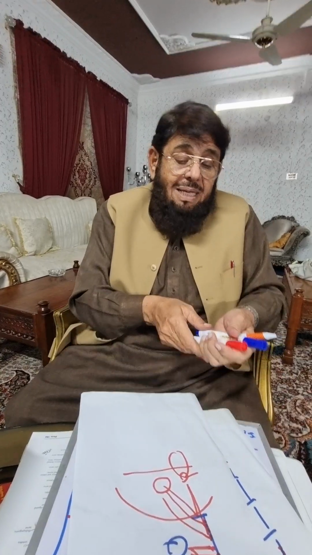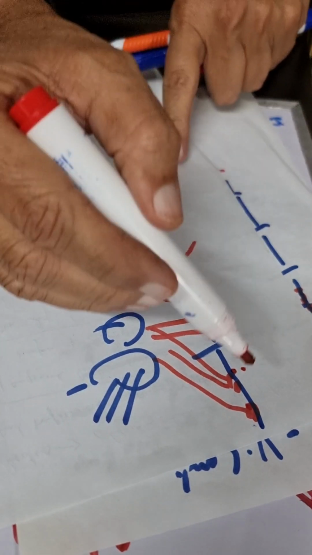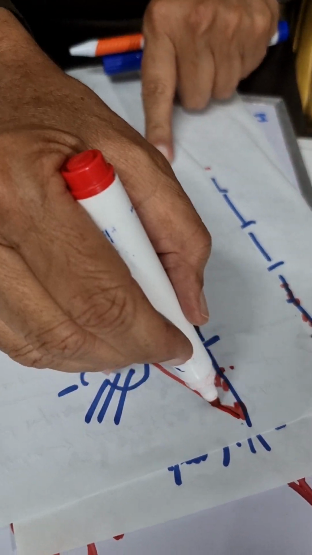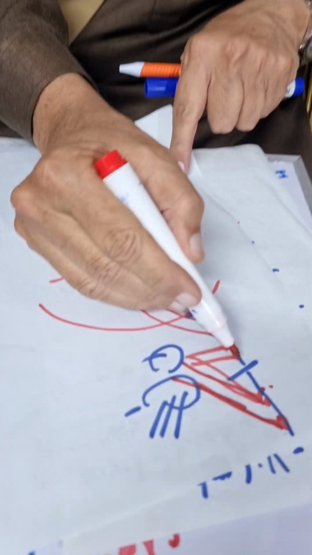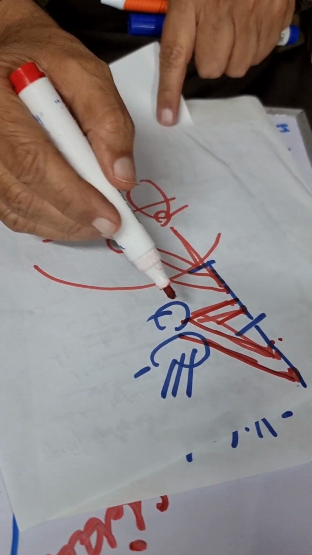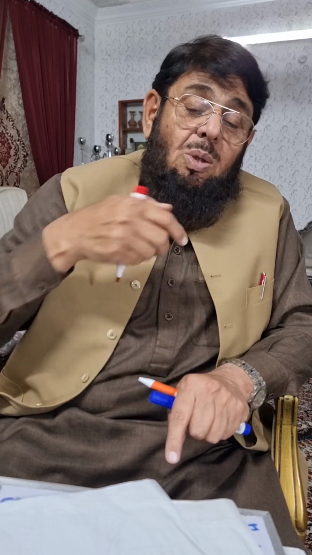Then the third type of branches: look again, this is the cervical segment of the spinal cord. From the cervical sympathetic ganglia, branches descend downward to enter the thorax, and also branches come from the upper two thoracic ganglia of the sympathetic chain. In this way, branches descending from the cervical and from the upper two thoracic ganglia enter the thorax.